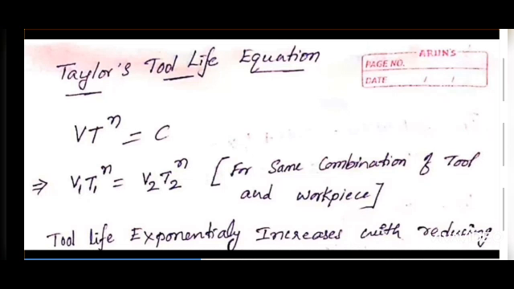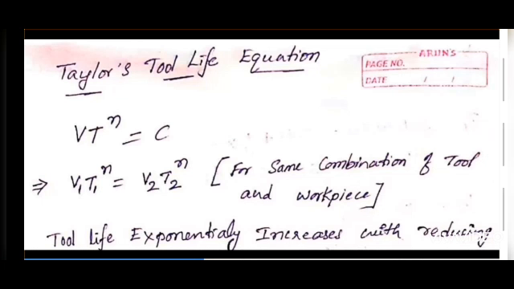For the same combination of workpiece and tool material, the exponent constant n is not changed. Okay, V1 T1 to the power of n is equal to V2 T2 to the power of n. So you can write this if you are operating with the same tool on the same workpiece material, using the same exponent. Suppose you are using a different tool, machining on a mild steel workpiece.